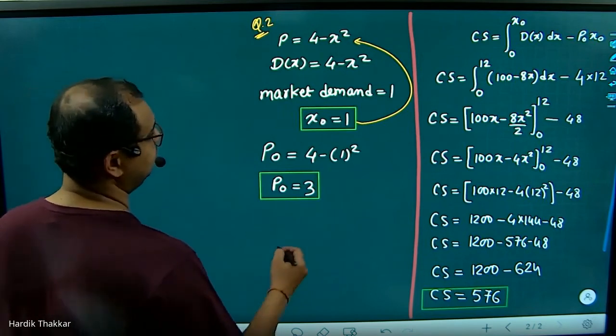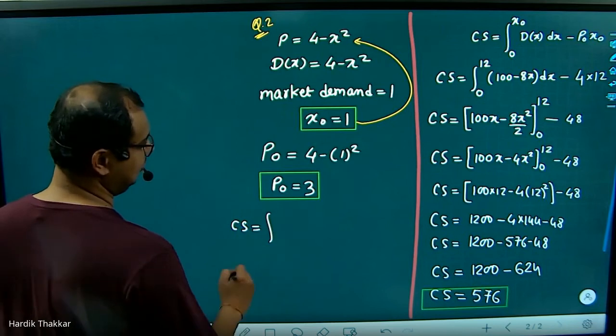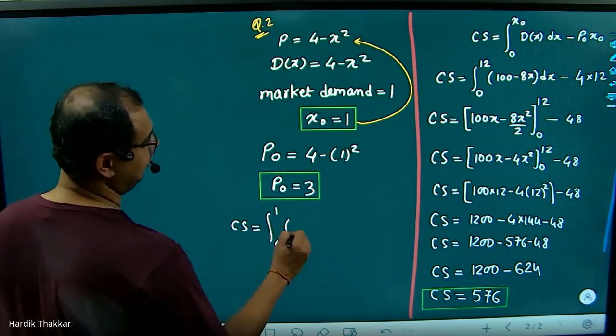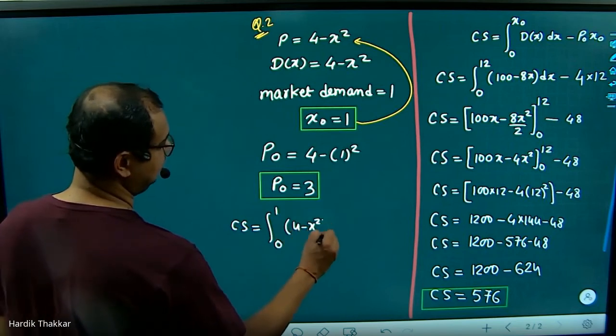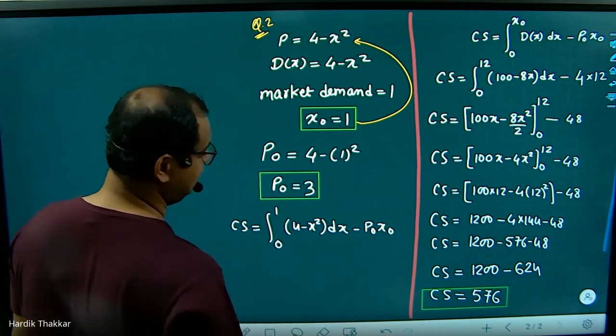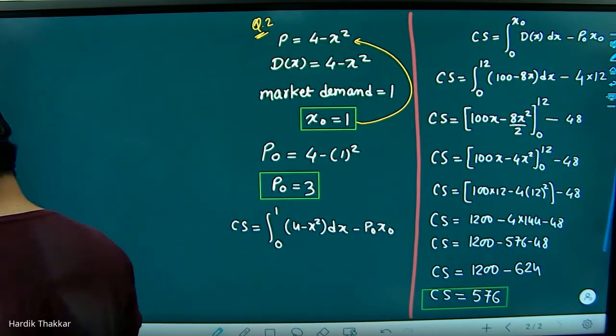Now the consumer surplus CS is equal to integration from 0 to 1 of the demand function, 4 minus x square dx, minus p naught into x naught. Correct? So you can solve further and you will get the answer, and cross check that.